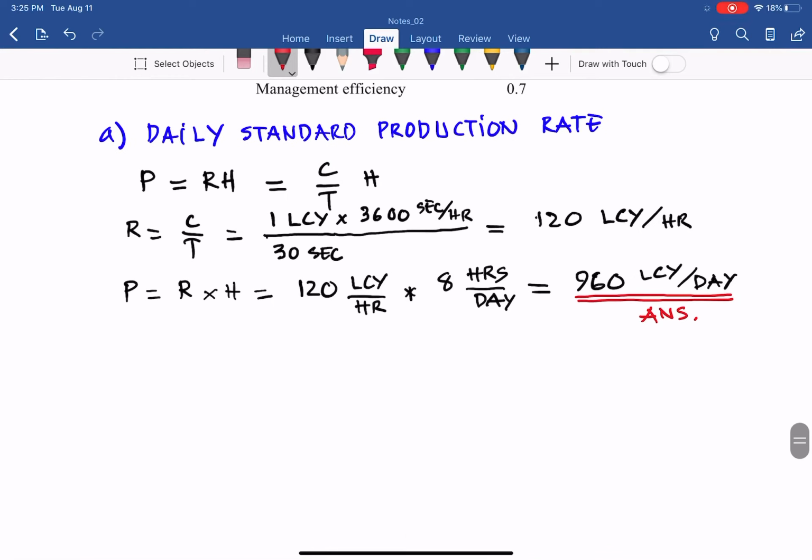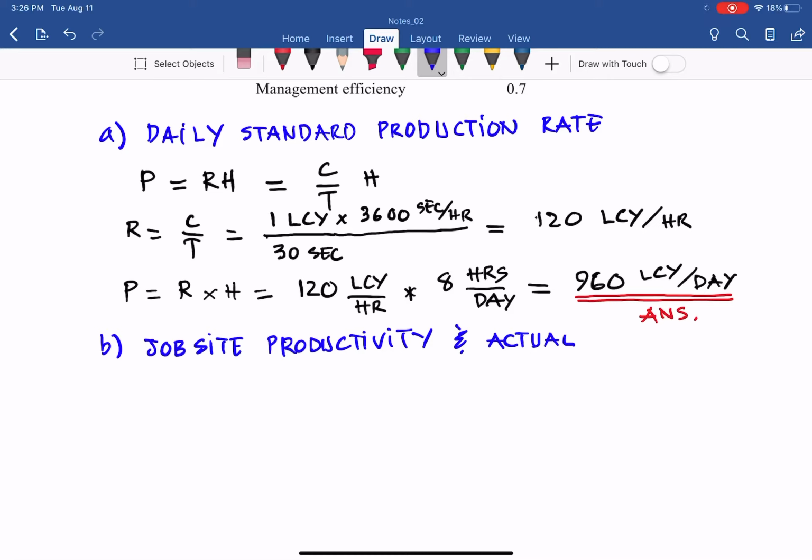From that we can have job site productivity, or actual productivity, for this machine, and the actual cycle time. Whenever I mention the actual, it will have an apostrophe.